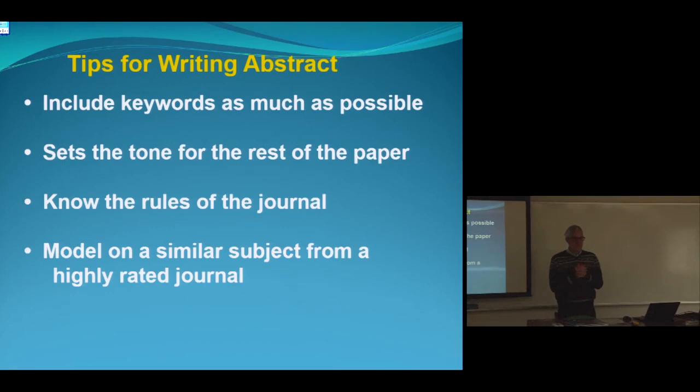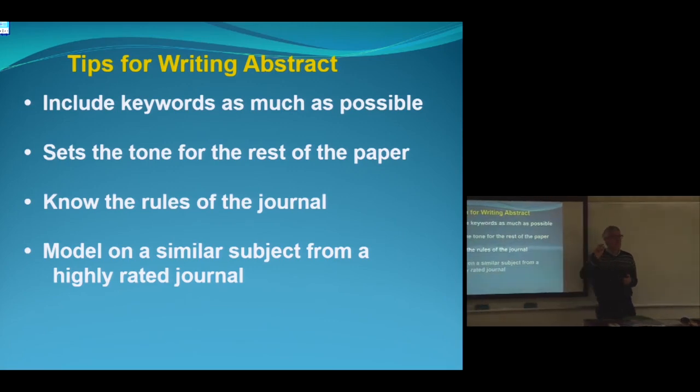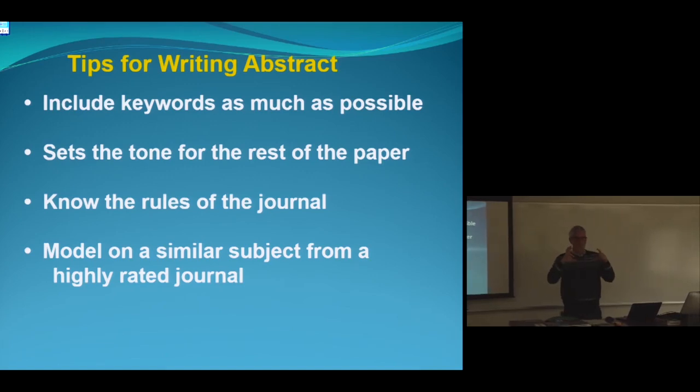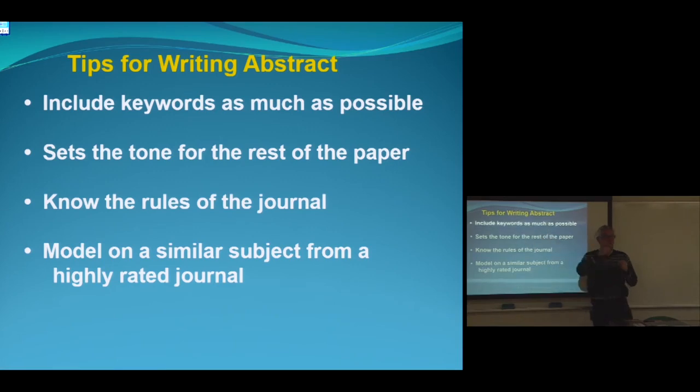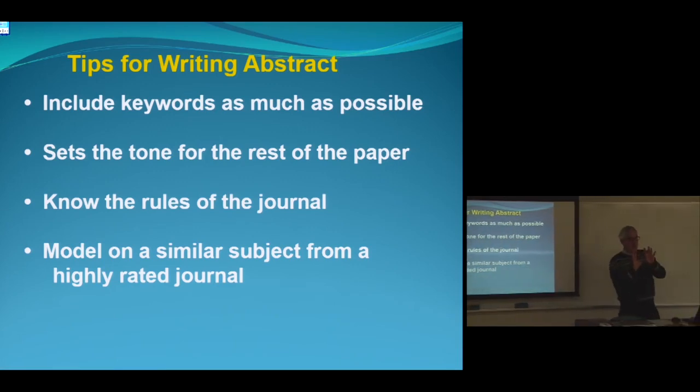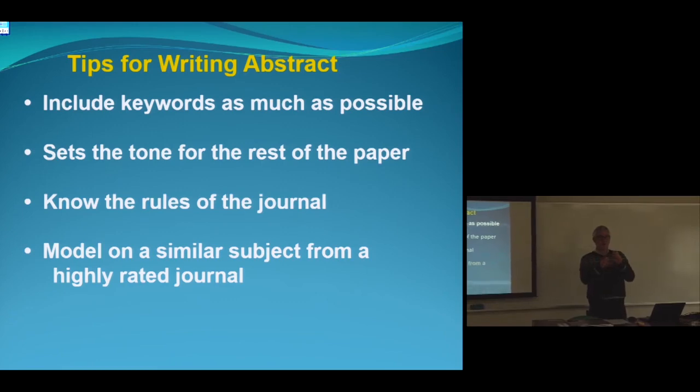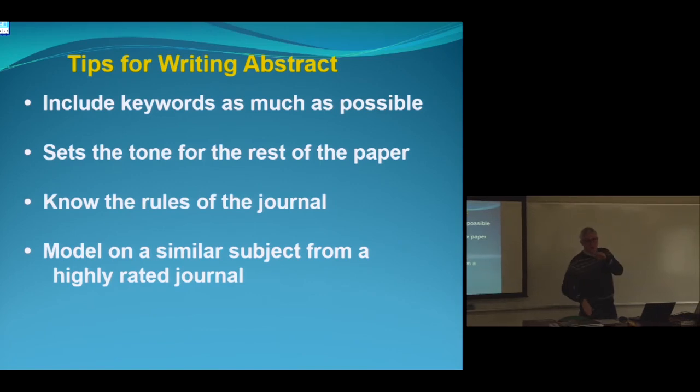And as I said also in the beginning, to have your paper discovered, the most common way of doing that nowadays is through databases. And those databases and the search engines used for them are based on keywords coming from your title and from your abstract. And so if your abstract contains those keywords many times, then that paper, when people put those keywords in, will come up at the top of the list, not down at the bottom of the list.